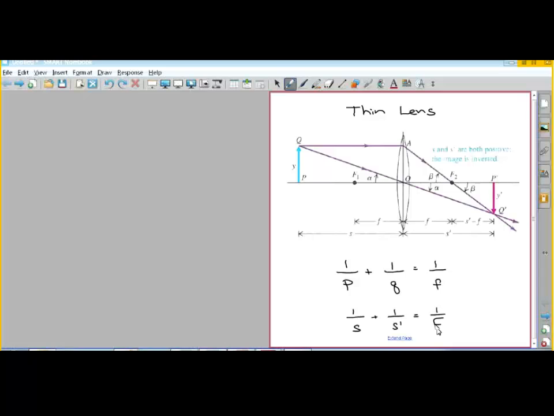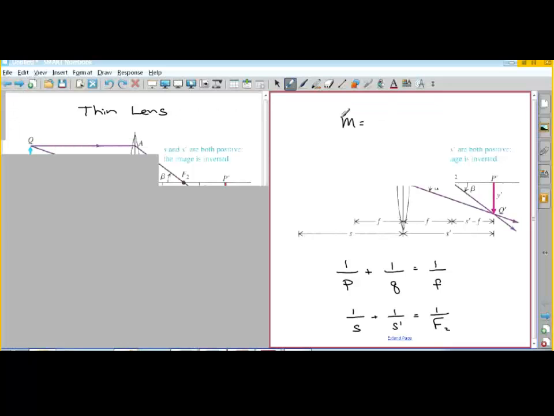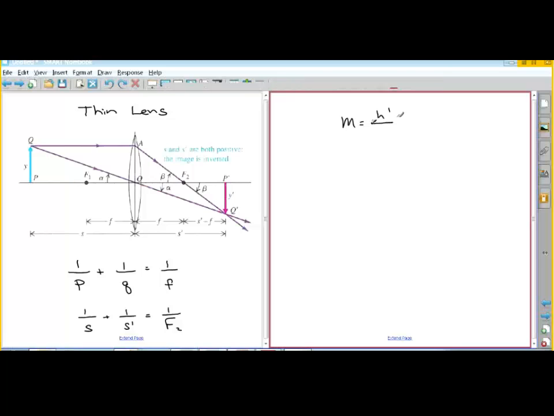And I guess it'd be f2 on this side. Okay, the magnification, which I'll use their terminology, which is h prime, the height of the image over the height of the object, is just equal to negative q over p.